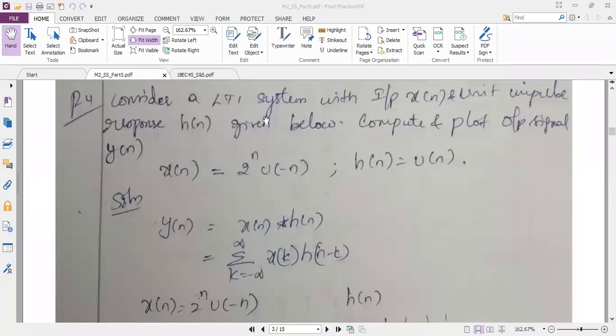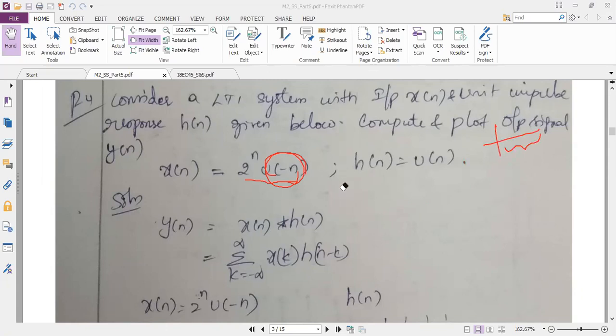Each and every problem is unique, so we have to analyze the question properly, and presence of mind is also very important to solve the problems in signals and systems. Now, x of n is lying at the negative x-axis, it is u of minus n, and h of n is lying at the positive x-axis.